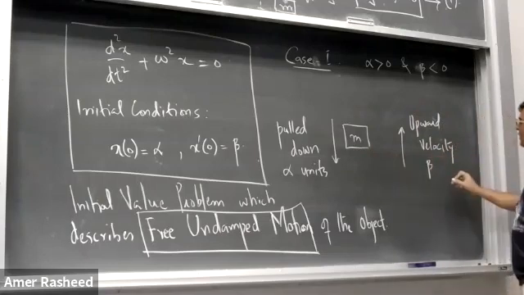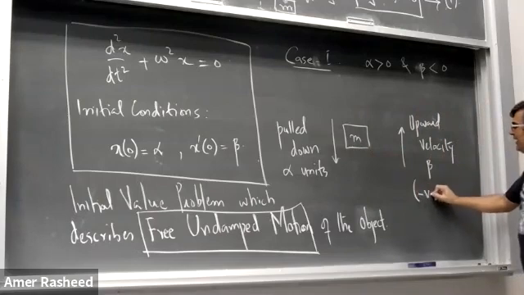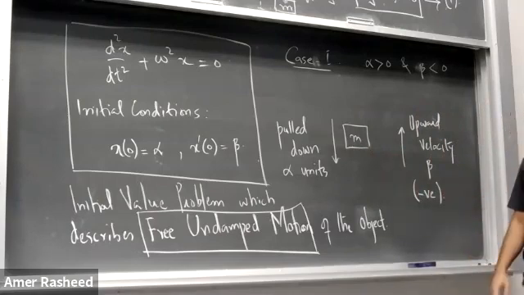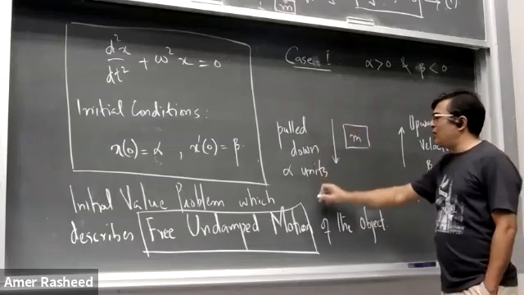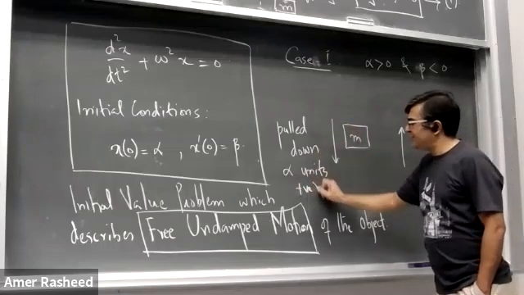In that case, the velocity should be negative, and this displacement downward is positive.